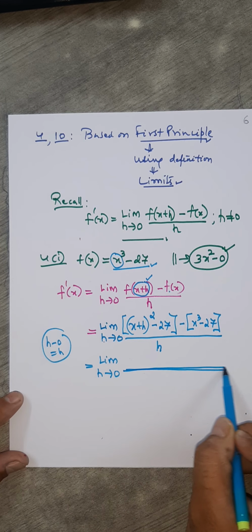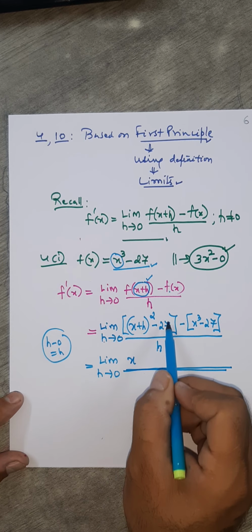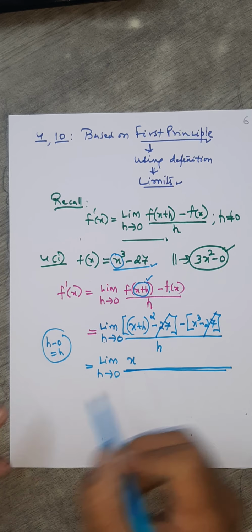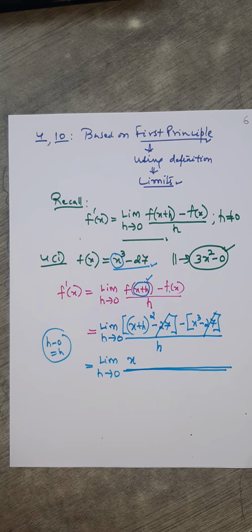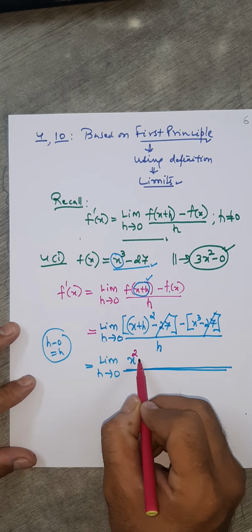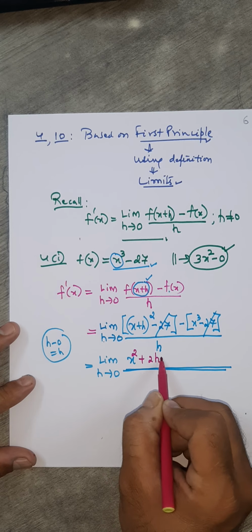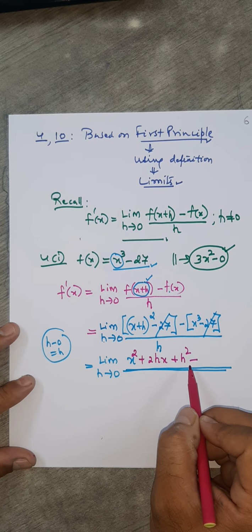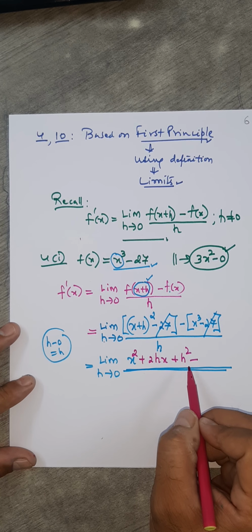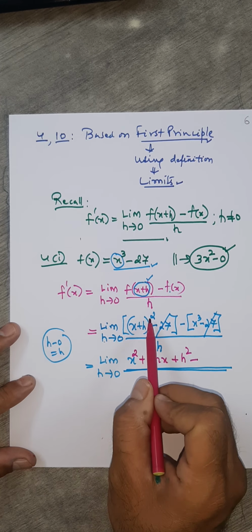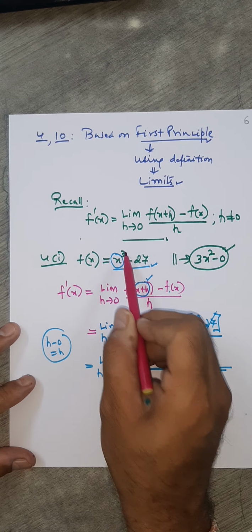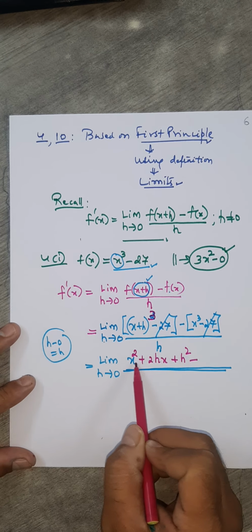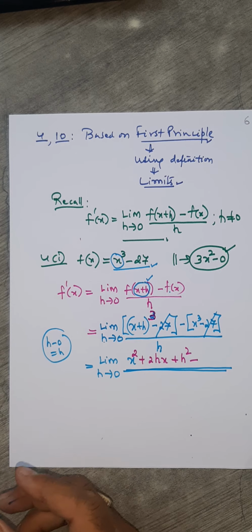So I'll just expand this. 27 minus 27, obviously it will get cancelled. I'm expanding x squared plus 2hx plus h squared. Oh, sorry, this is my mistake. Here it should be cube, because here I have cube. So I will have this expansion.